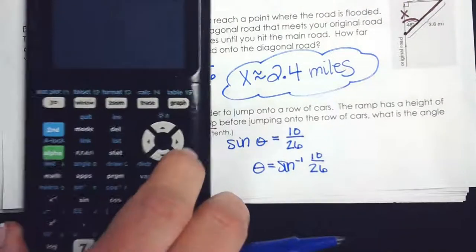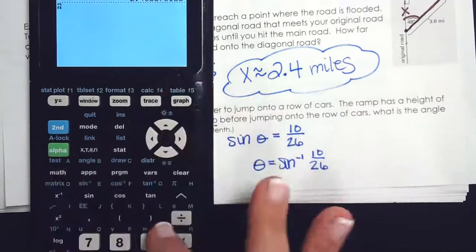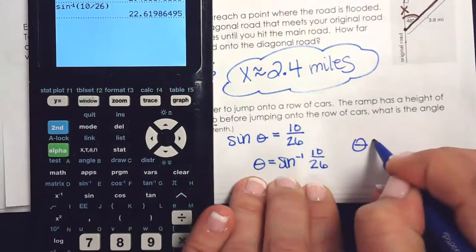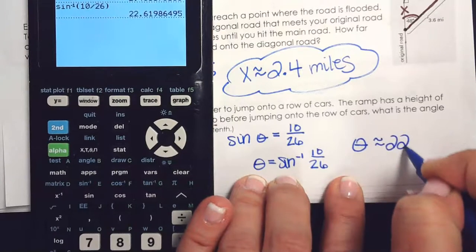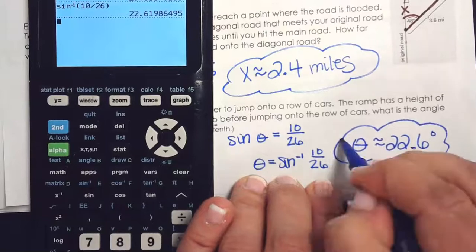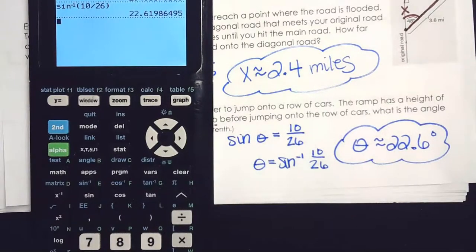So I can take the inverse sine of 10/26, and that gives me about 22.6. Don't forget your degree symbol. That would be the angle of the ramp.